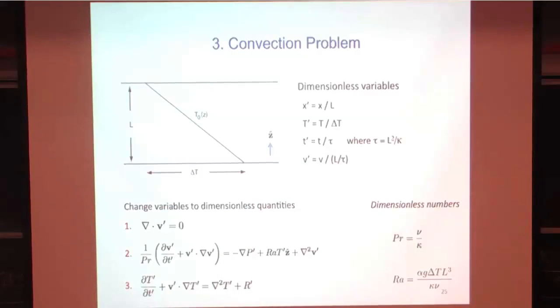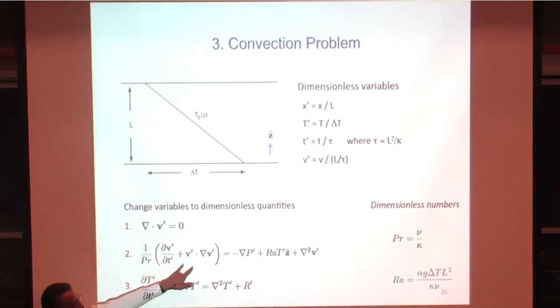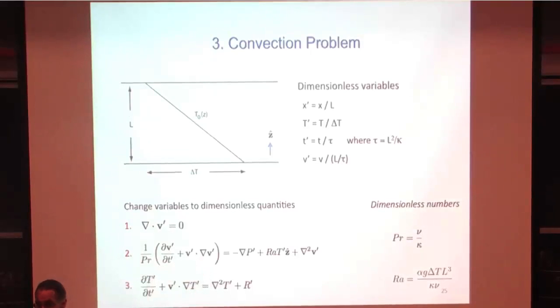And so the three equations you saw before reduce to the three equations written down here. Okay. And every term or every expression here that has little primes has no dimensions. And all the variables that you made them dimensionless with enter through these groupings that are, again, ratios of physical quantities that have no dimensions.